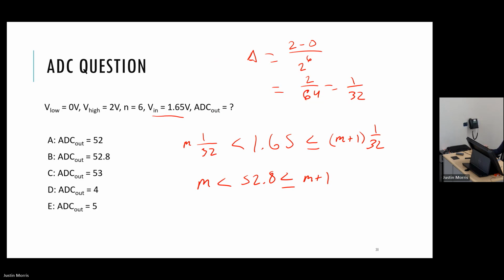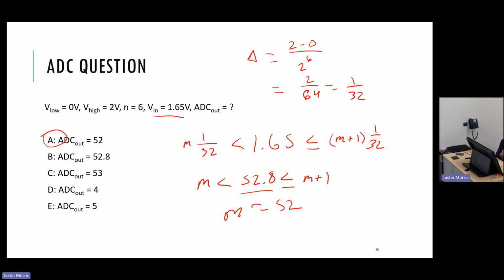So in this case, m would be 52, right? So our input would be in the range of the 52nd to the 53rd interval. And we are quantizing it. So we can't output 52.8, but we can output 52.